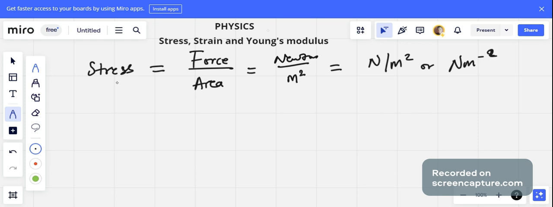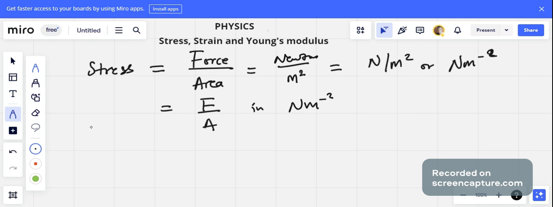So that's the definition of stress, which you can also write as capital letter F over A, in Newton per meter squared. So that is it about stress.